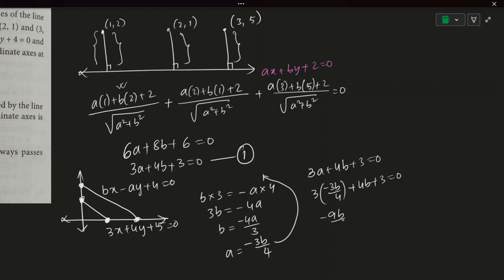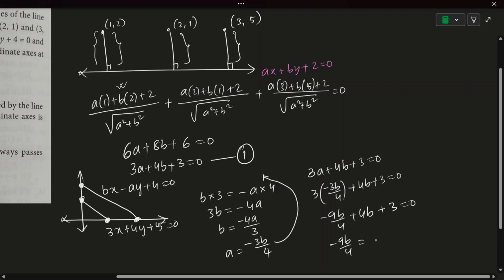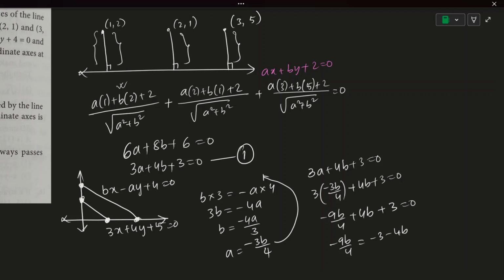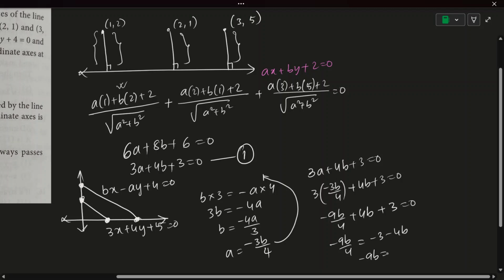So minus 9b by 4 plus 4b plus 3 equals 0. So minus 9b by 4 equals minus 3 minus 4b. Send this 4 to that side. Minus 9b equals minus 12 minus 16b.